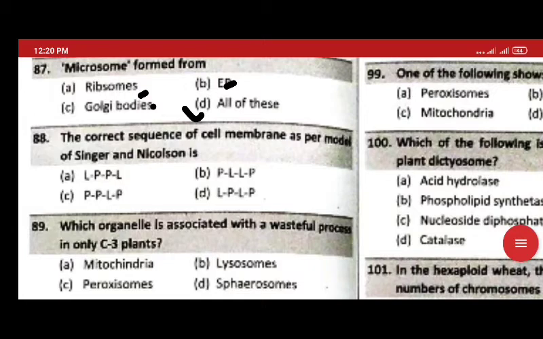In the sea of lipid there is protein as the ice. In the sea there is ice, so protein should be in the bilayer. So 88 you should do what? D number, because protein is in the bilayer.